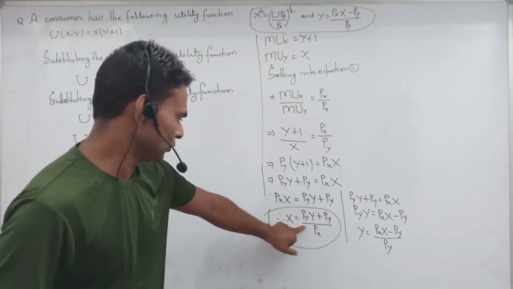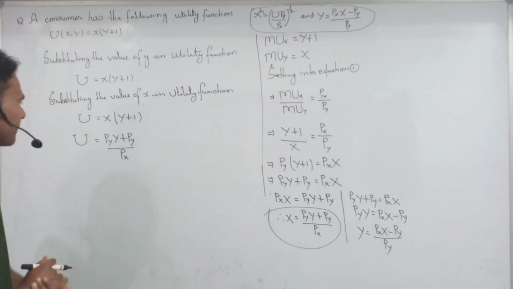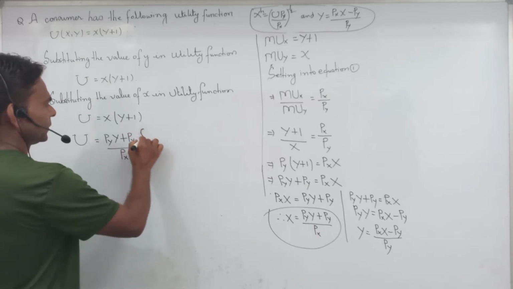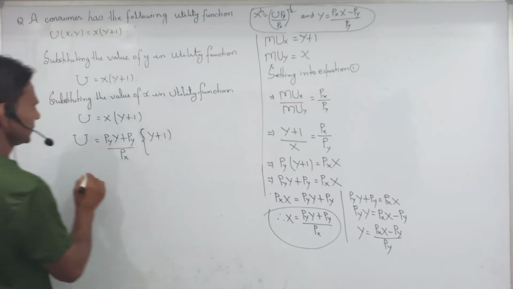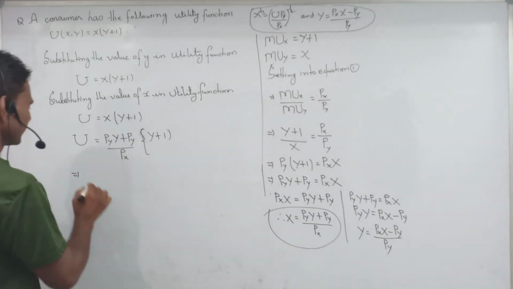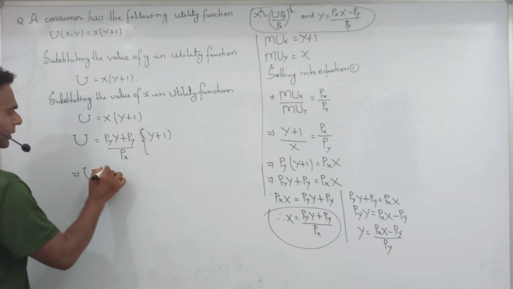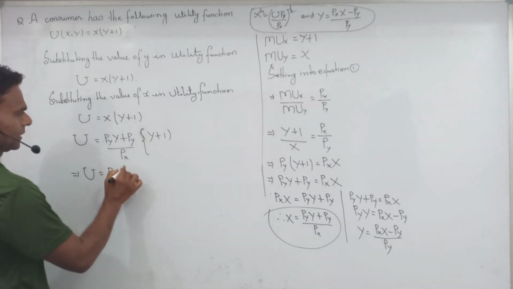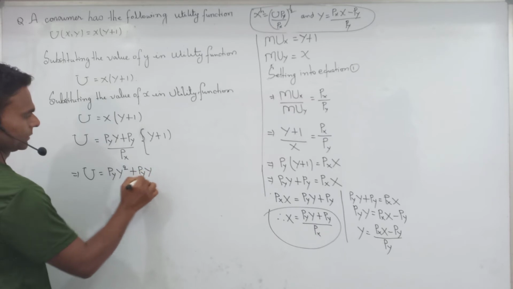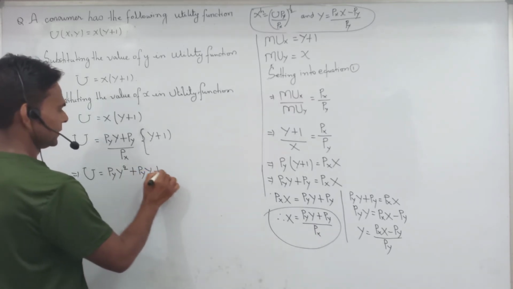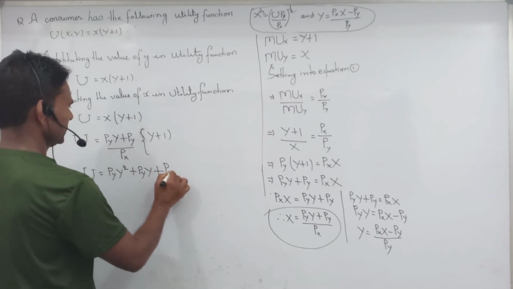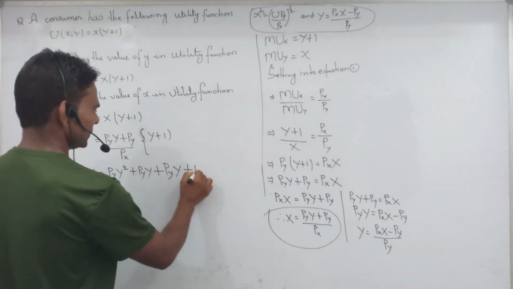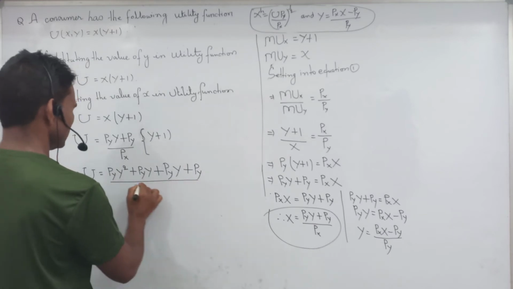Here we took value from here, ठीक है, times y plus 1, doing the multiplications, u: price of y times y, first y square plus price of y times y, first things, plus by 1 multiply price of y times quantity of y plus price of y by price of x.